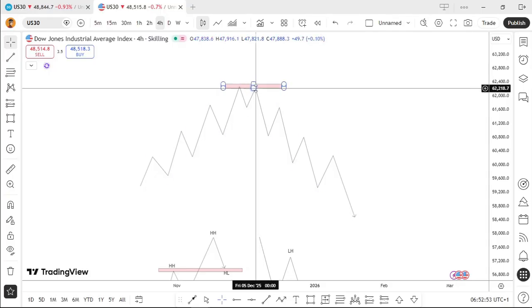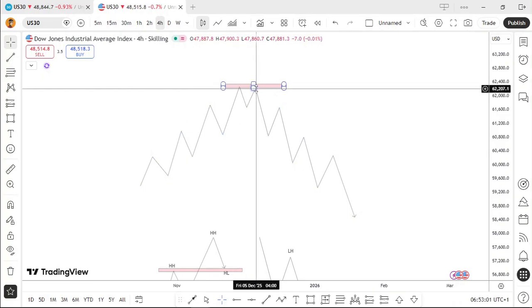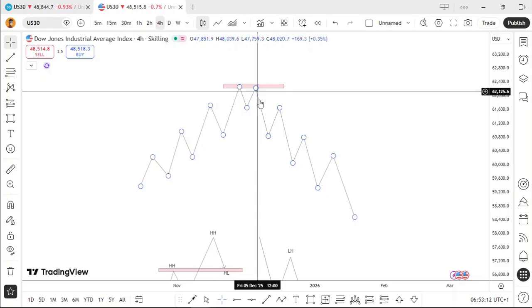The movement fails. Then the market now creates equal highs. This high is equal with this high. So that's the first indication you get that the market wants to turn.